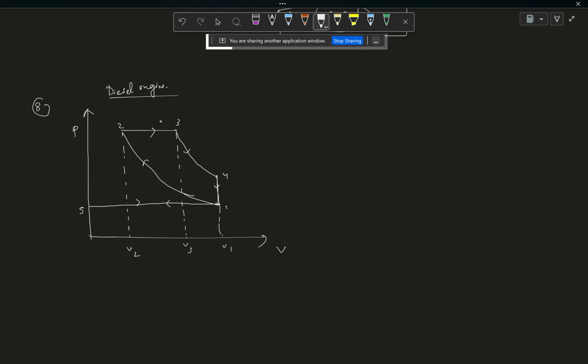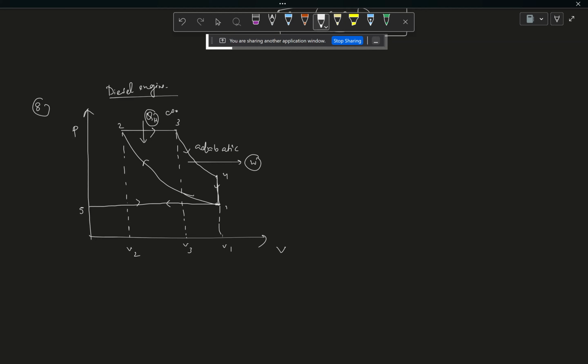Now here, 3 to 4 is your adiabatic part, the adiabatic curve, and the work is done as the output from this engine from 3 to 4. The higher temperature side is 2 to 3, which is a constant pressure, isobaric part, where the combustion happens, so heat is being absorbed.